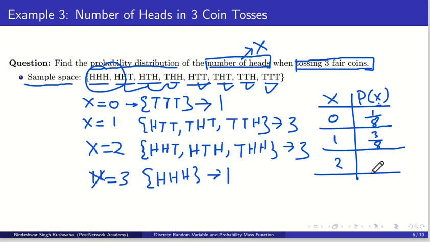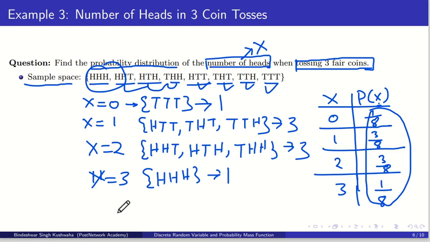For a 2, that is again 3 upon 8. And for a 3, you have only one favorable case. So this is the probability distribution.